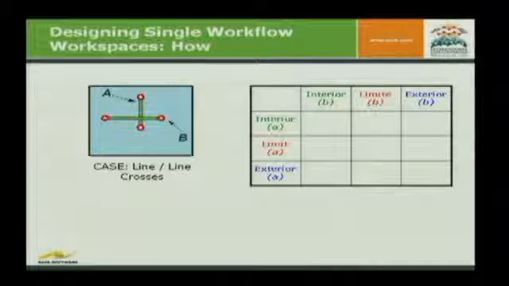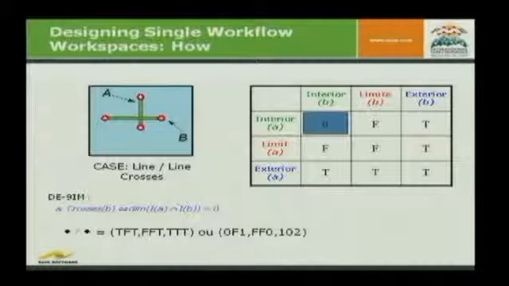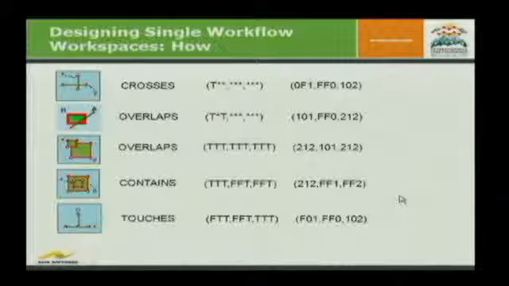But in this example, how do you want to express the intersection between two lines? Using the 9-intersection matrix, we can have the Egenhofer value, or the representation is this representation here. There are many predicates, that's what we call them: crosses, overlaps, contains, touches.